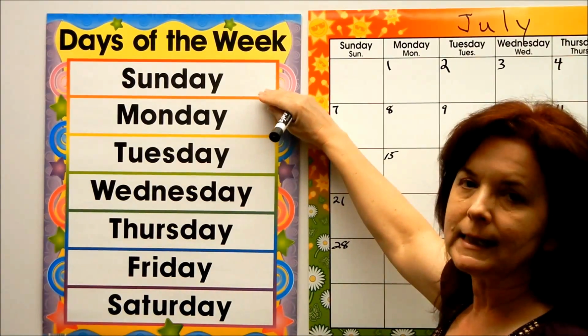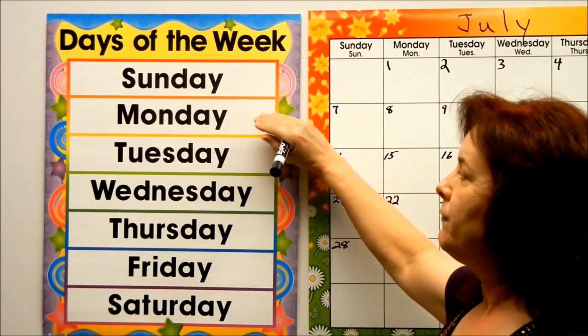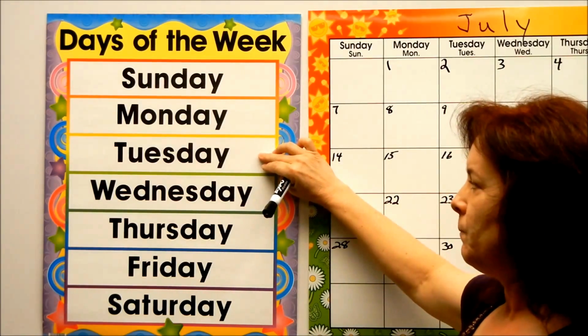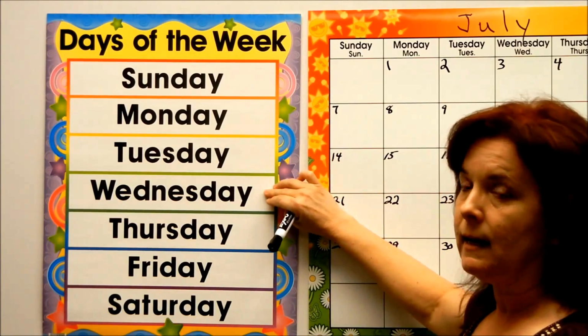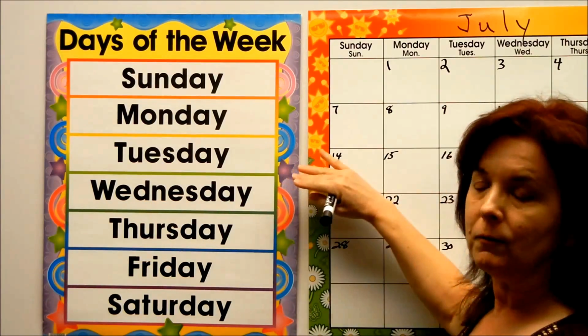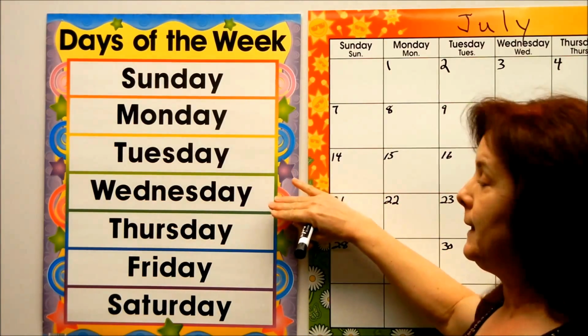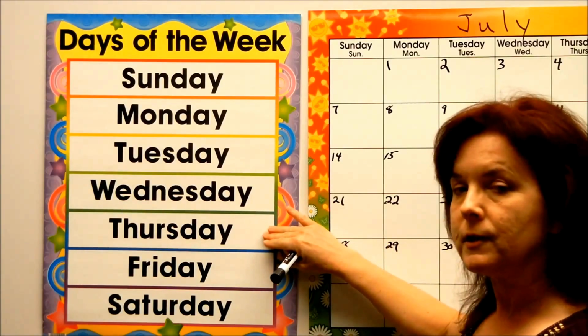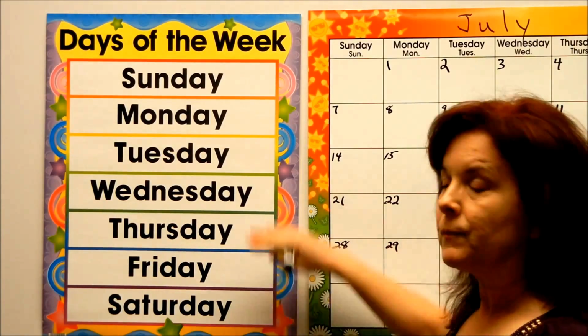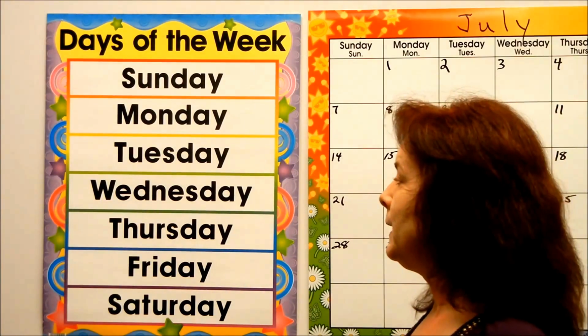The first day of the week is Sunday, followed by Monday, Tuesday, Wednesday. I know it looks like Wednesday, but in actual fact we say Wednesday. Thursday, Friday, and Saturday. Those are the days of the week.